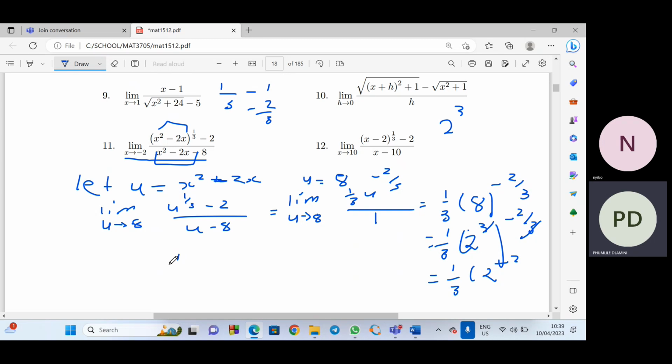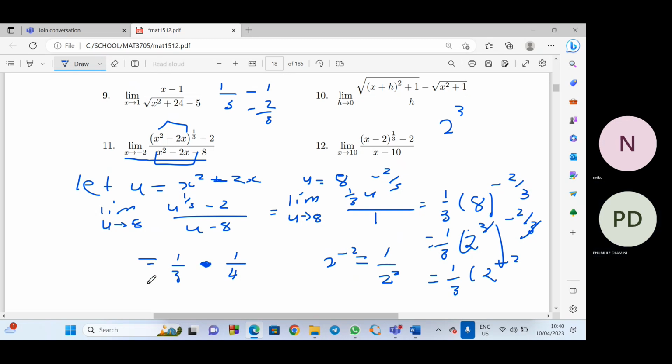Then the answer is going to be 1 over 3 dot 1 over 4, because 2 to the power negative 2, you can write it as 1 over 2 to the power 2, which is 4. Then the final answer is 1 times 1 is 1, 3 times 4 is 12. So our answer now, we got 12.